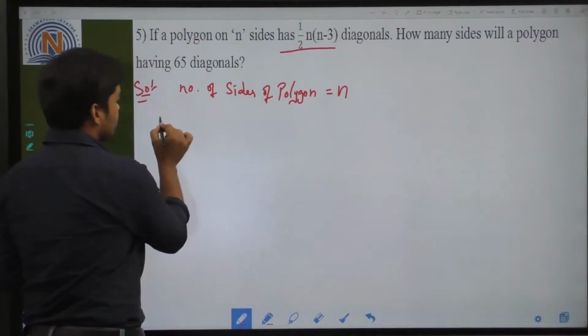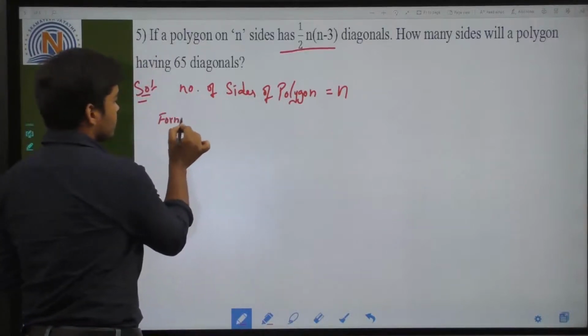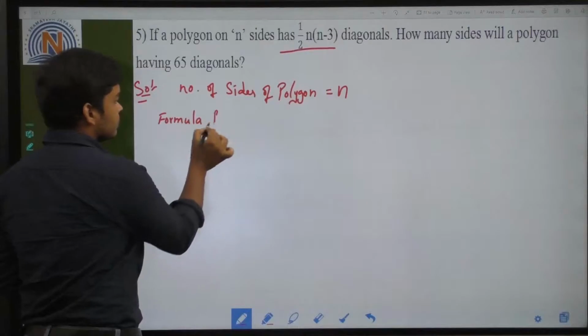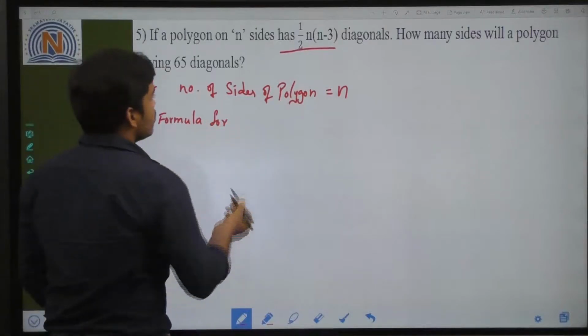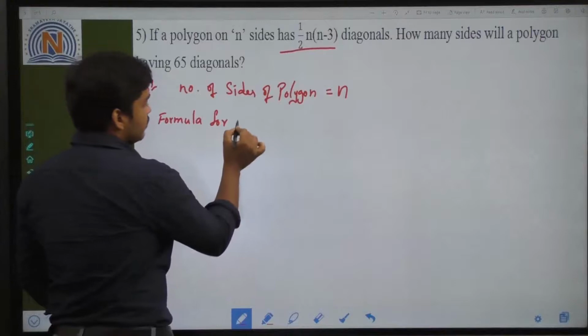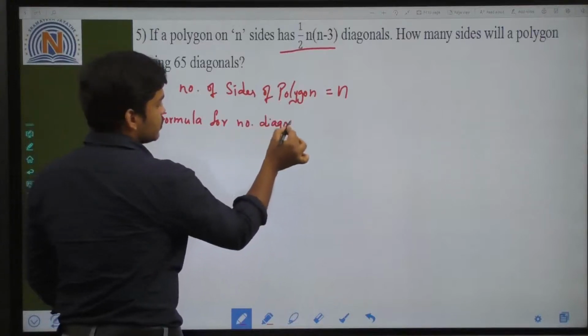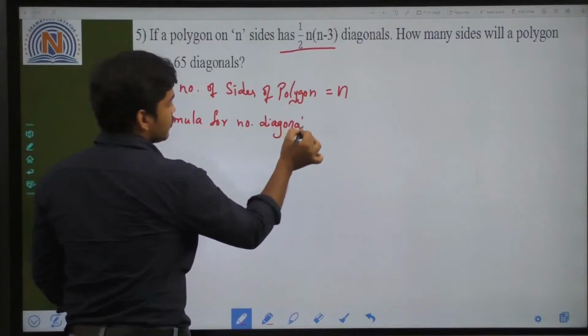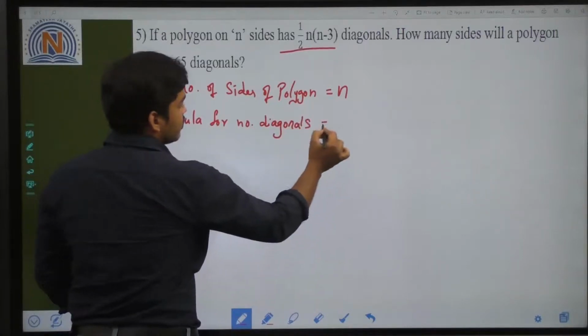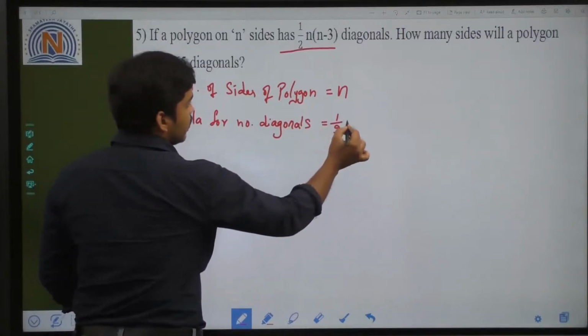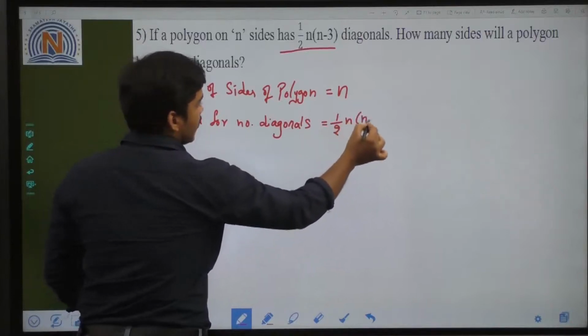Now the formula for the number of diagonals is already given: half into n into n minus 3.